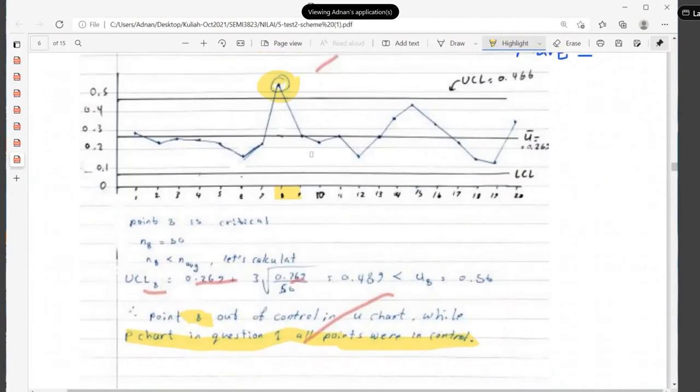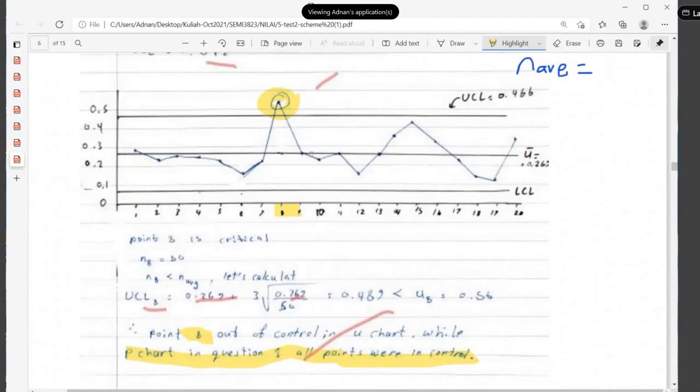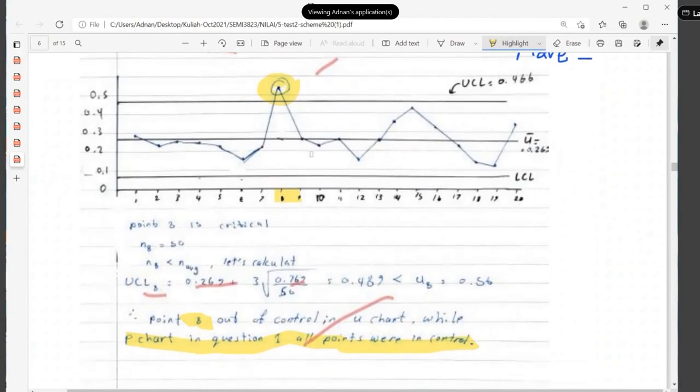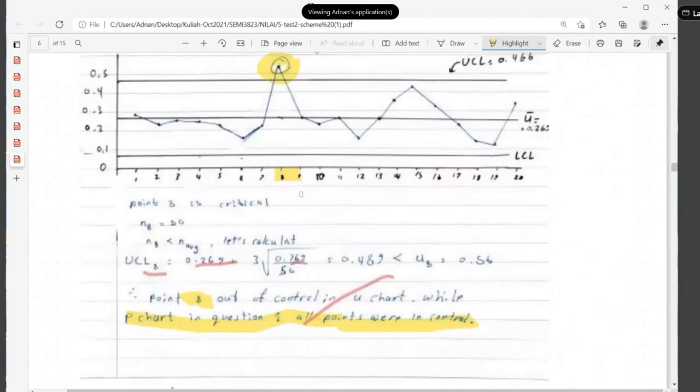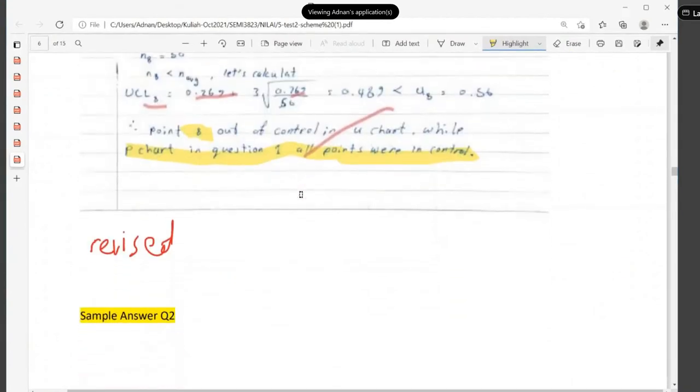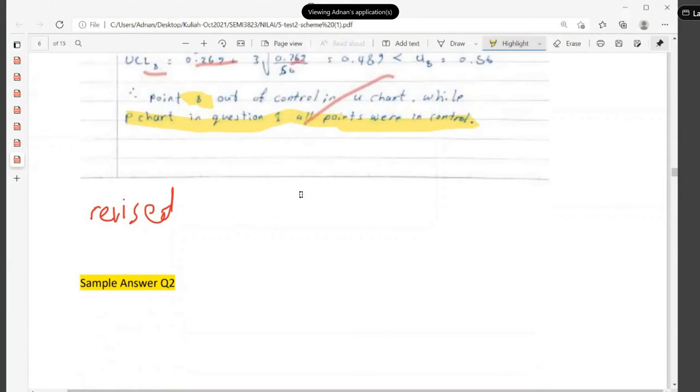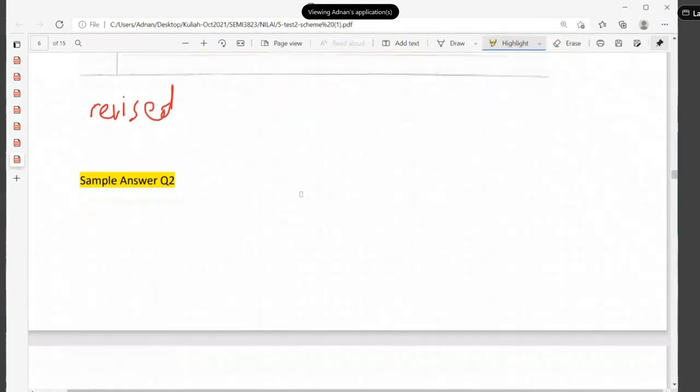That is the comparison. If the question asks to revise, you need to remove this point and recalculate the control limits. But in this question, it does not ask to revise, it just asks you to compare. So if you are required to revise, then you need to revise. Any question?